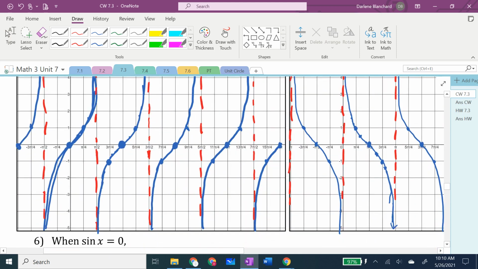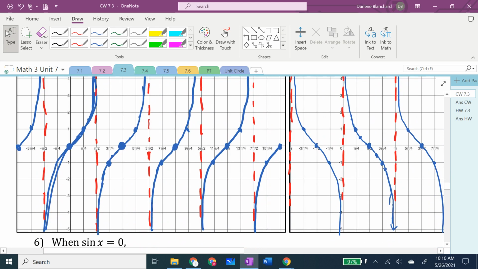So if you can get the location of the zeros and the vertical asymptotes, and you can't remember with tangent and cotangent whether it heads up or down, what you can do is look at 0 to pi over 2, which must be positive.